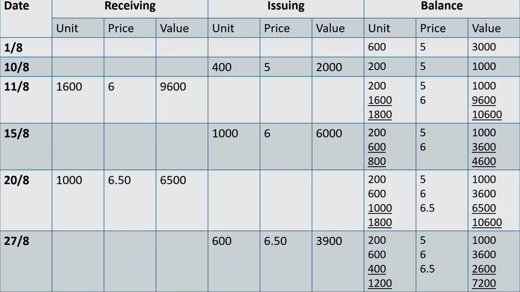So if you have any gray area, how we have calculated the closing stock, how we have calculated the cost of sales, you can refer to this basic inventory valuation table under LIFO method. Get the issuing cost and see whether it's tallying with the cost of sales.